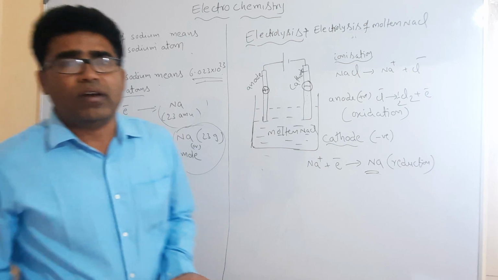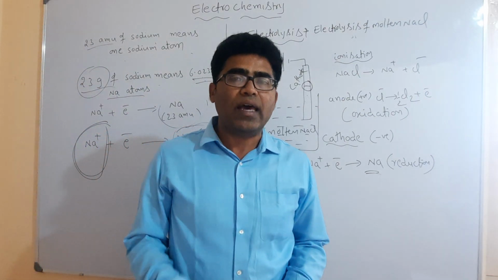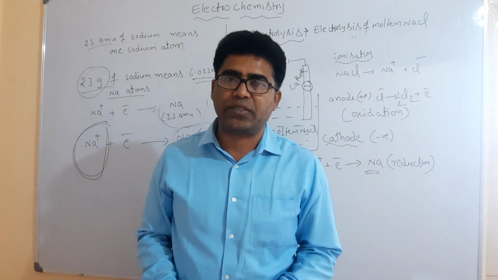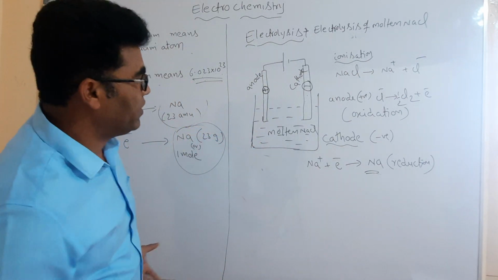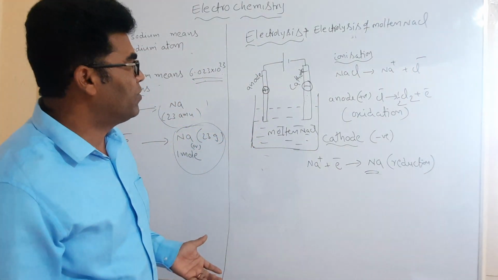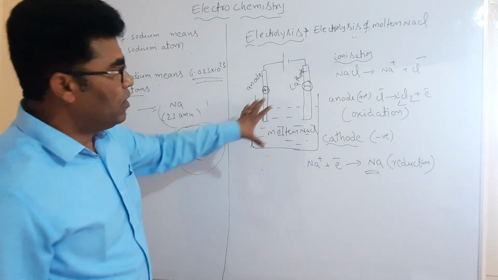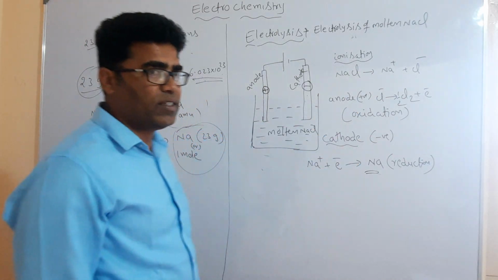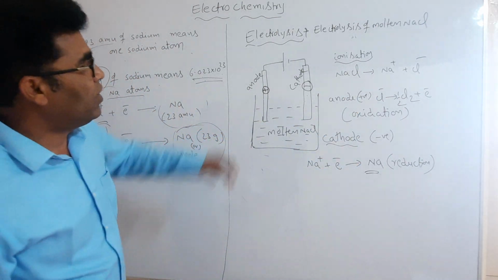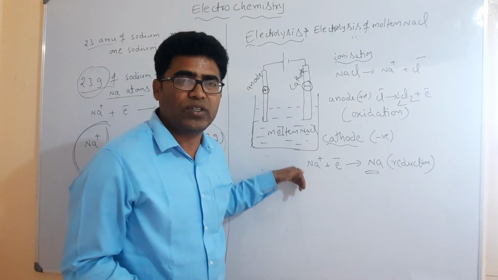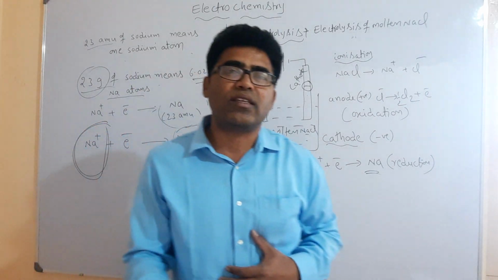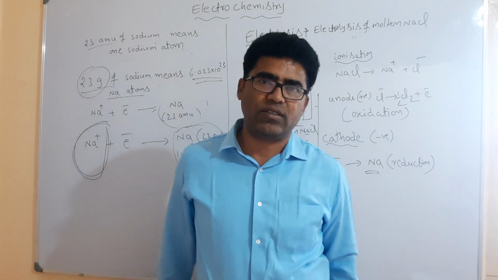Actually, what you have to learn from the JEE Mains or NEET aspect, let us see. This is the electrolysis of molten NaCl. Here electricity is passed, and electricity is nothing but flow of electrons.